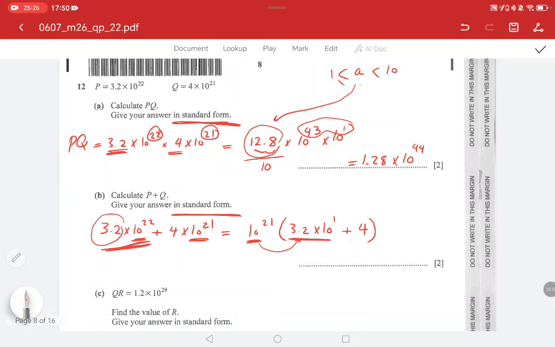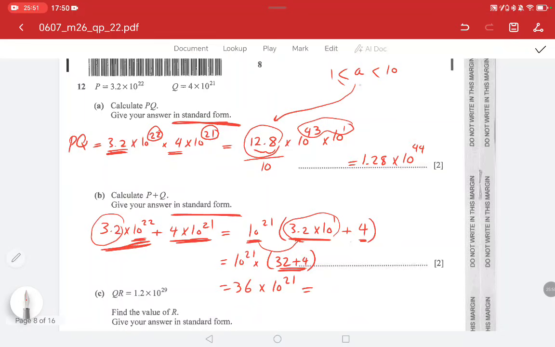And the same, if you multiply 10 to the power of 21 times 4, it will give you this one. So we are okay so far. Now let's calculate this one. 3.2 times 10 will be 32 plus 4, which is 36 times 10 to the power of 21.